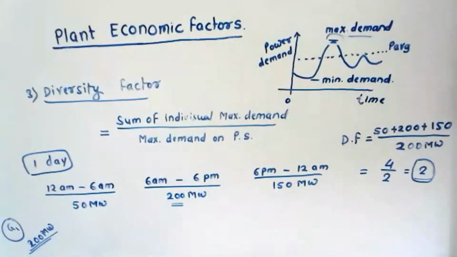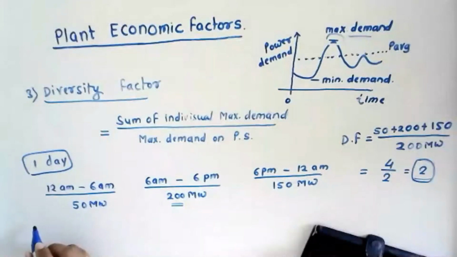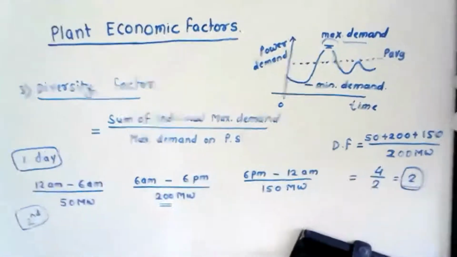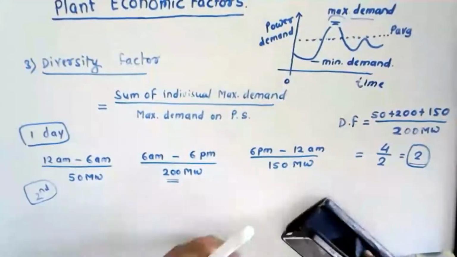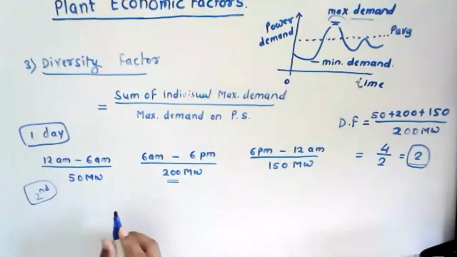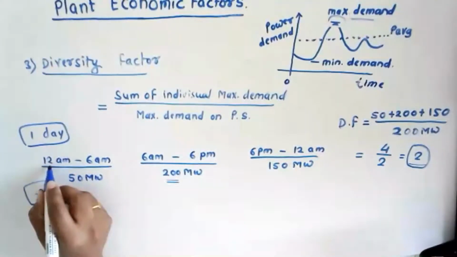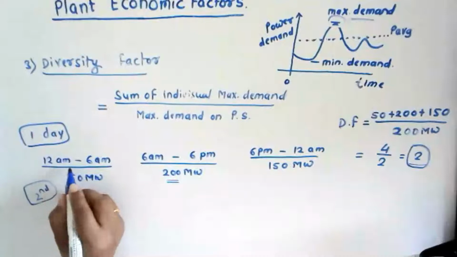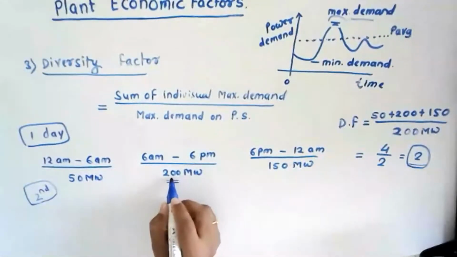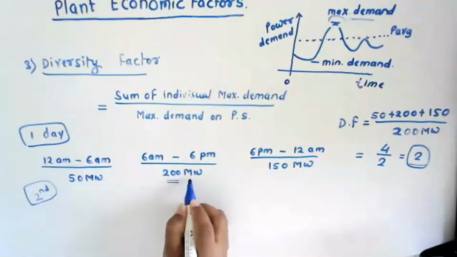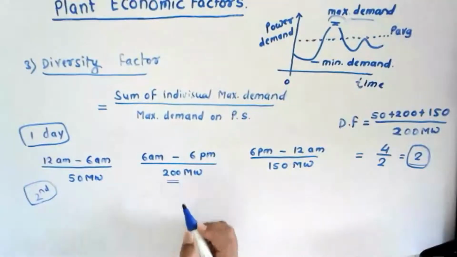Now I am going to consider the second case, the second day. So in that second day, what is going to happen? रात्रीचे 12 ते मॉर्निंगचे 6 पर्यंत मी किती यूज करतोय? 100 मेगावॅट. आता मी काय करतोय, आदल्या दिवशी मी काय केलं, 200 मेगावॅट ऑफ पॉवर इज बीइंग कंझ्युम्ड बाय माय इंडस्ट्री.